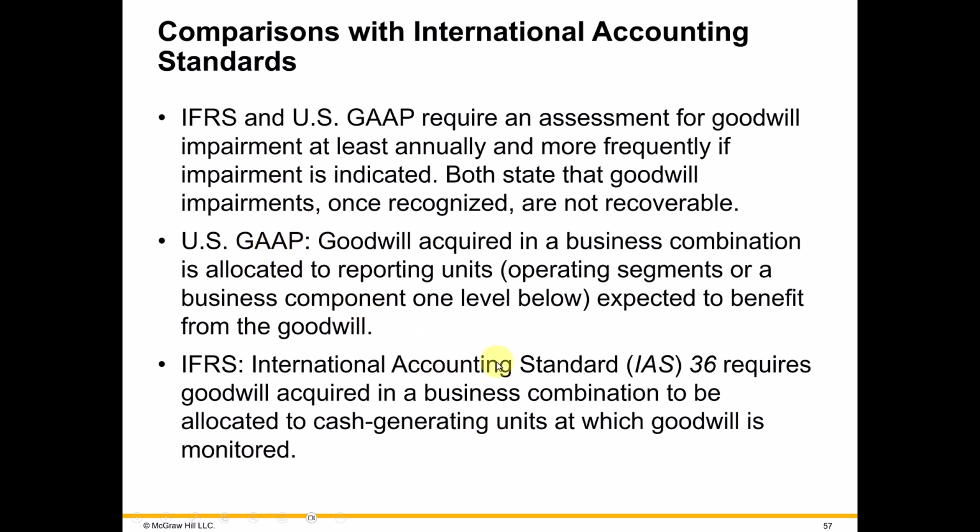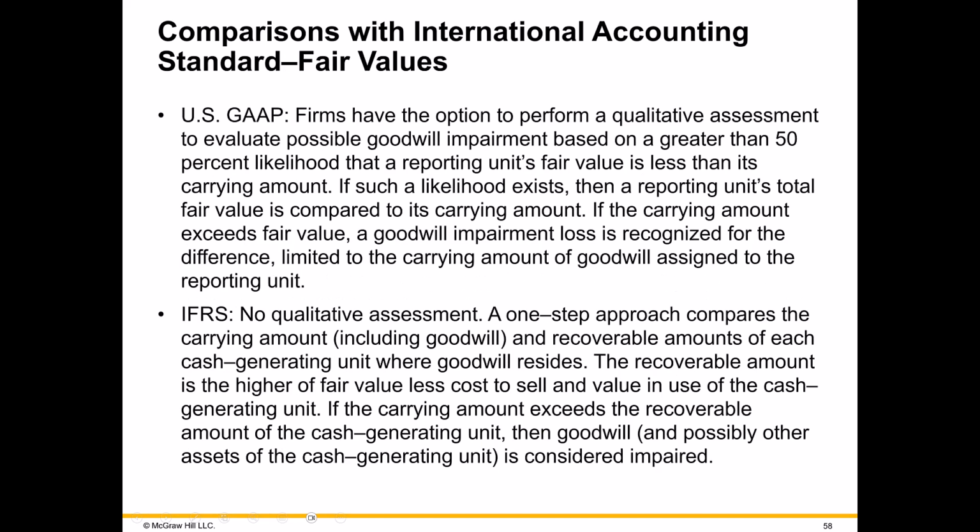They go straight into some type of quantitative dollar amount to figure out for each unit. Okay, cash generating units. You can read this, again comparing US GAAP with IFRS, reporting units up here and cash generating units over here.